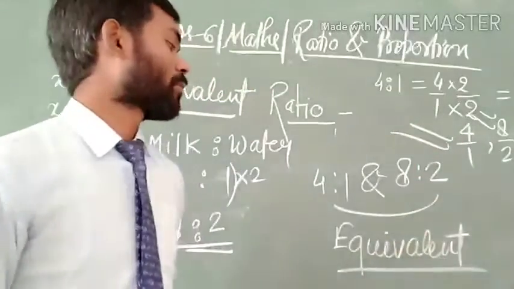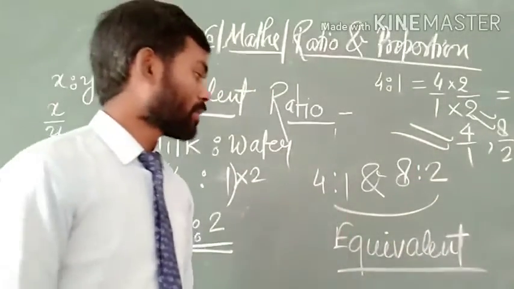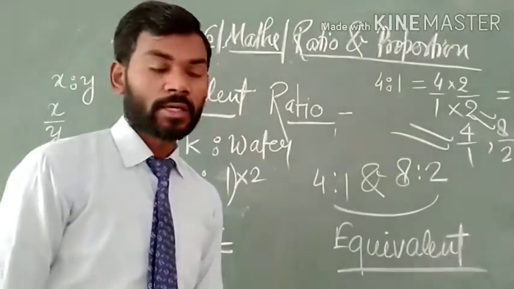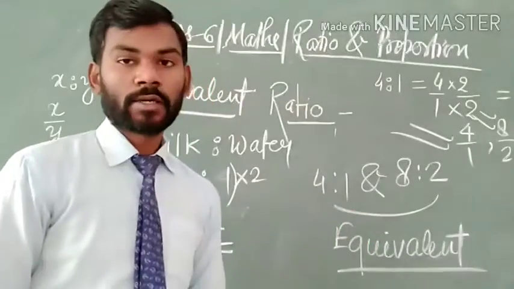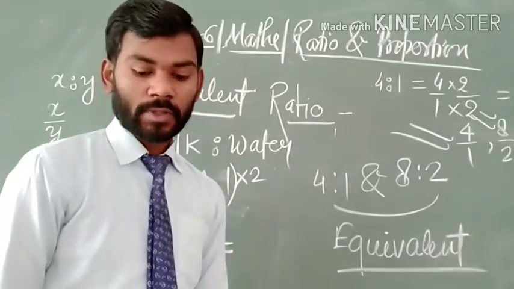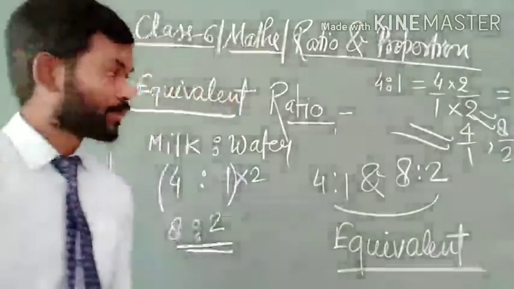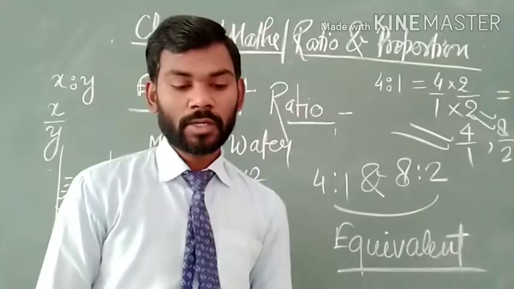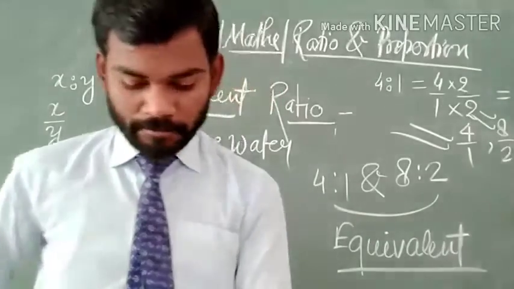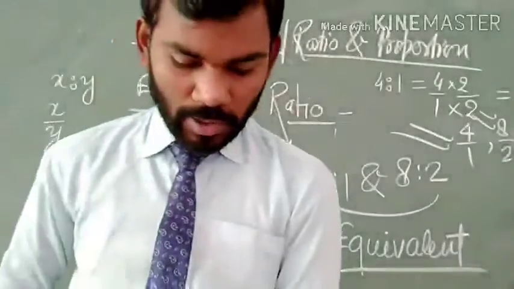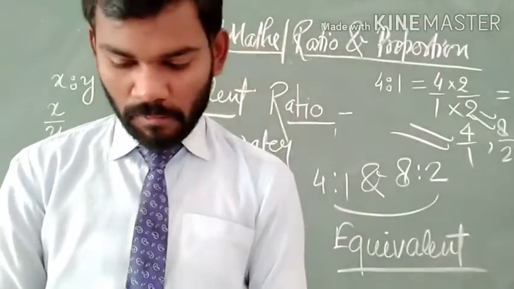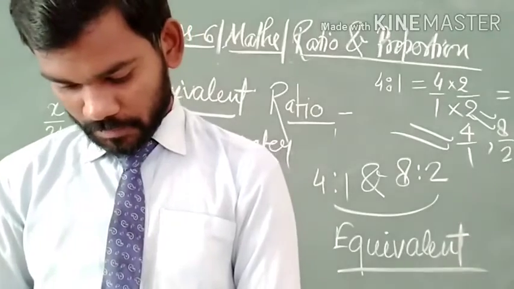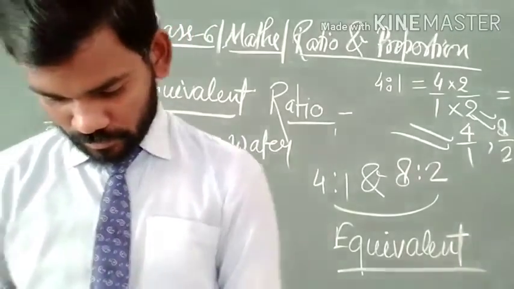In the same way, we can say that 4 ratio 1 and 8 ratio 2 are equivalent ratios. So I hope the equivalency of ratio is clear to everyone. Now let us see a few little and very easy questions in terms of ratio.